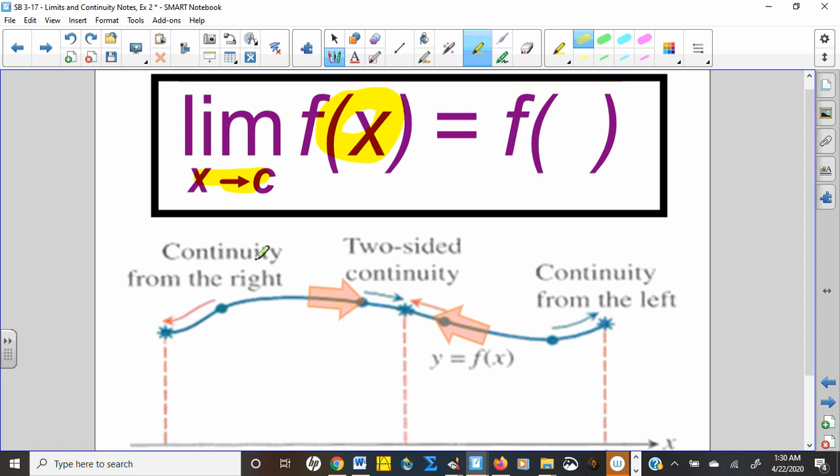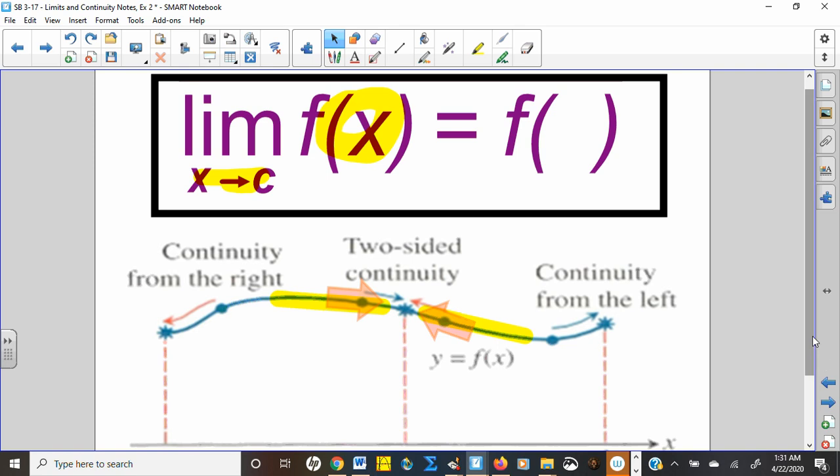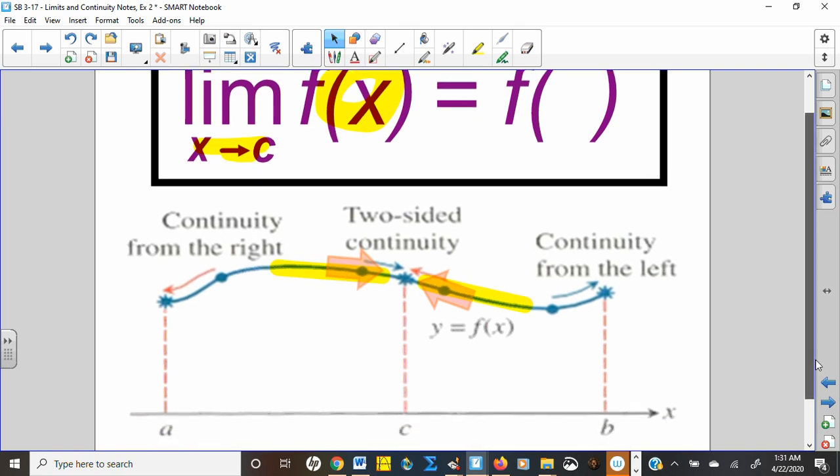Well, first of all, we have to be approaching the same height. And it looks like that is definitely happening here. We're coming in to the same y location, the same height. That's very good. But how do we know we're going to get continuity there?